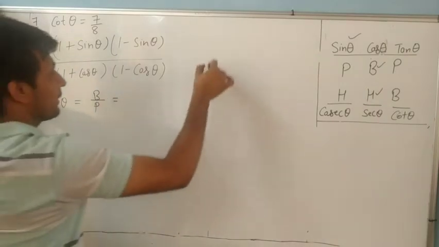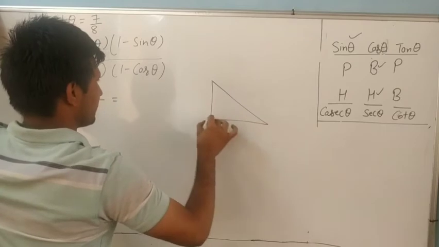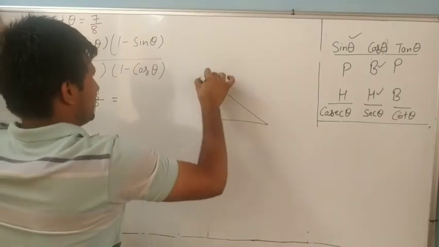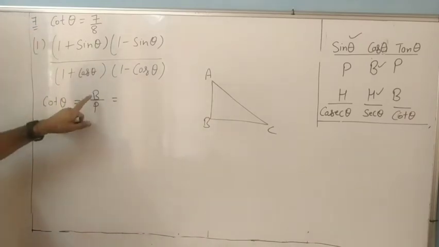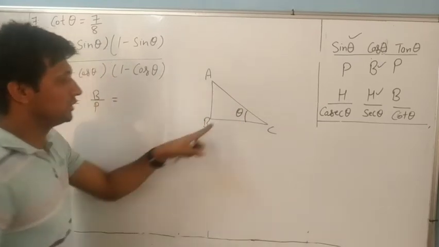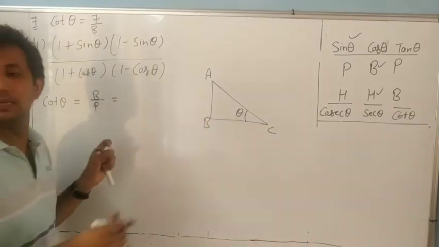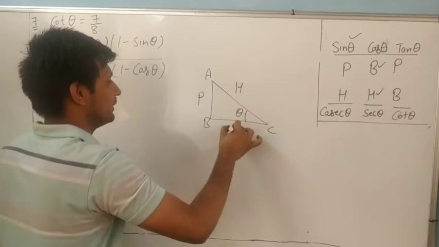You can make a figure if you want. You will make it like this: A, B, C, anyone. So cot is base. Suppose theta is the angle we are taking. The opposite of the angle is always the perpendicular. This is the hypotenuse. This is the base.